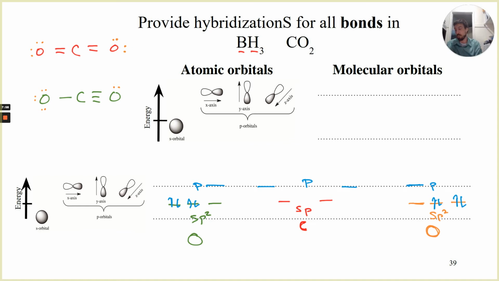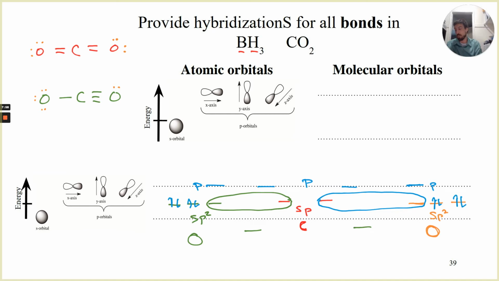How do we then create our bonds? Well, we're going to take 1 sp from our carbon and 1 sp2 from our oxygen. We'll also take 1 sp from our carbon and 1 sp2 from the other oxygen. That would explain a single bond in both cases. Okay?